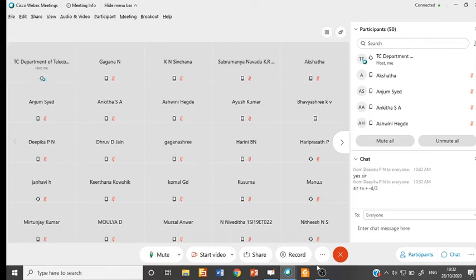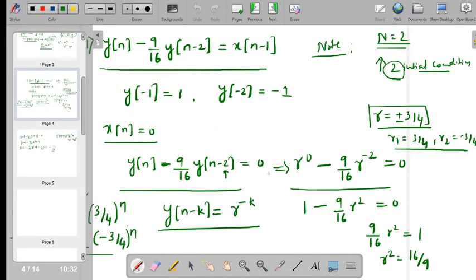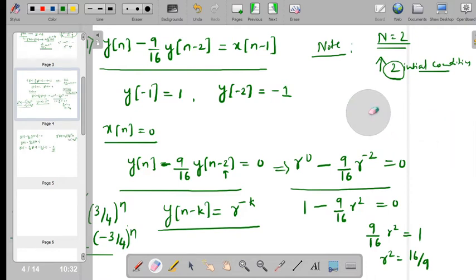R equal to, sir, in that last step, square root, r square equal to 4 by 3, right? Okay, sorry. R is equal to plus or minus 4 by 3. Okay.